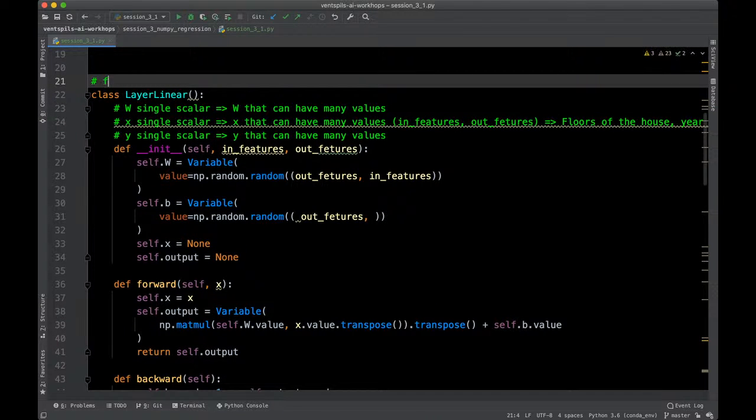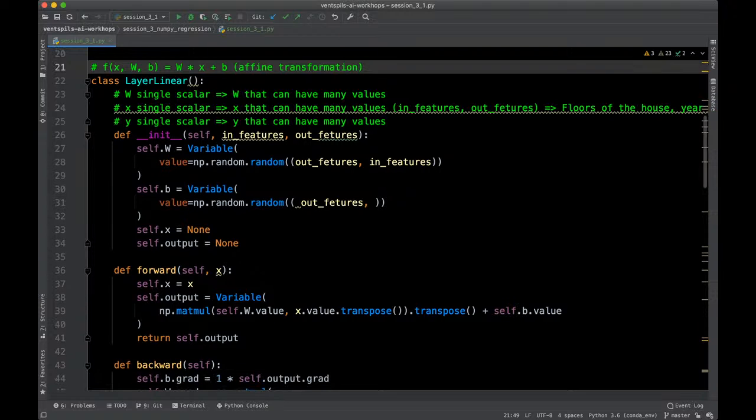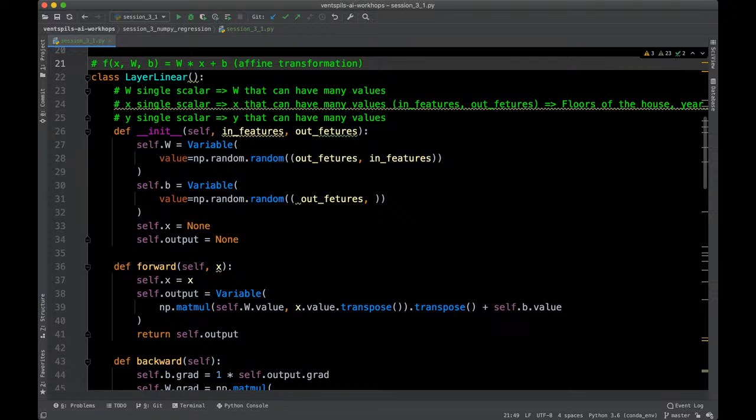So the equation of the linear layer is something like this: f(x, W, b) is W times x plus b, right? So basically the same as we did before, we just combine the two together because they are always used together. This is also called affine transformation. For those who were following our workshops from the very beginning, we use linear algebra tricks.